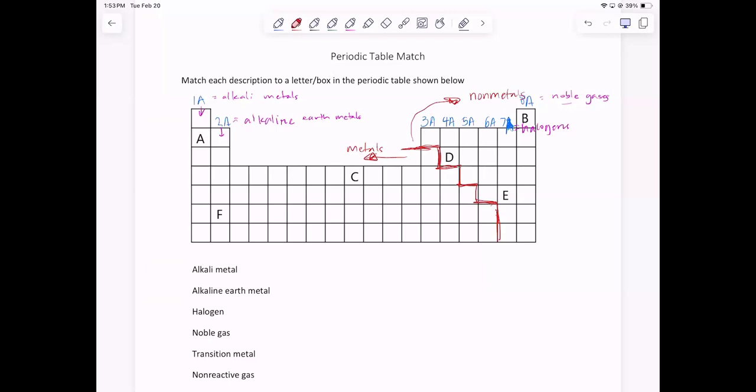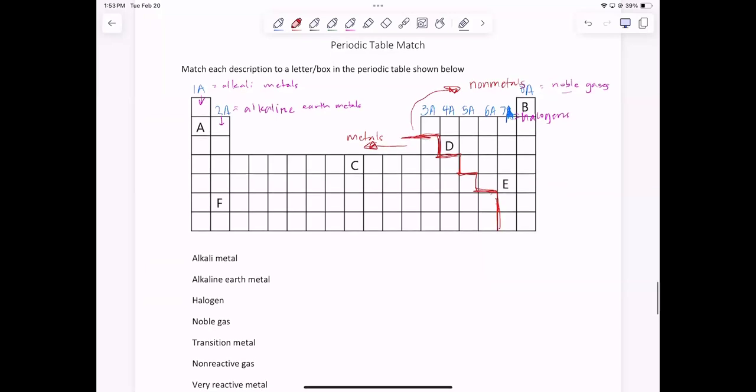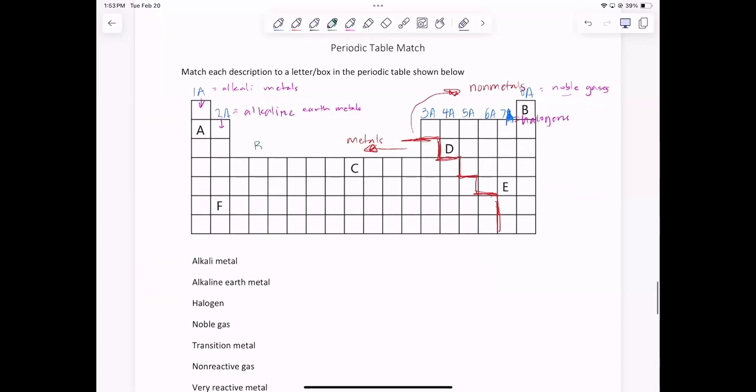This center section, or the B series, these 8 columns here, are called transition metals. So the way this periodic table is organized, you already know a lot about it just by how these boxes are arranged. It's not a perfect rectangle of boxes.